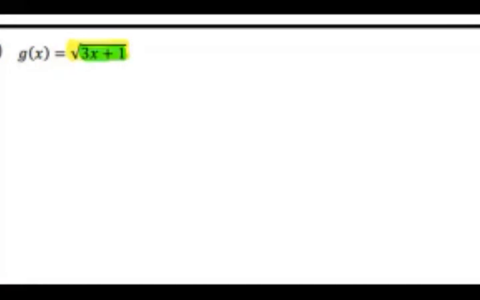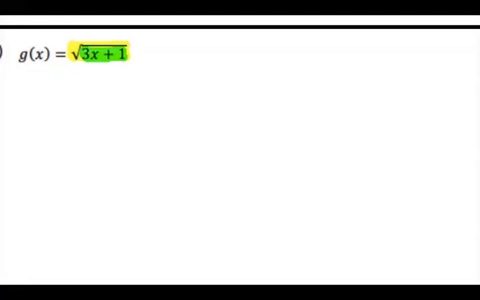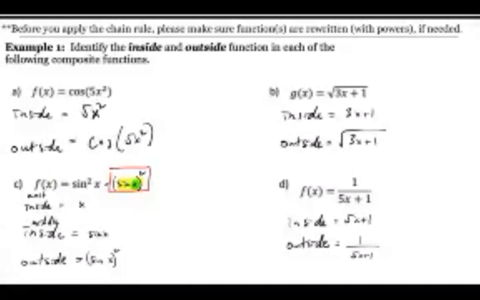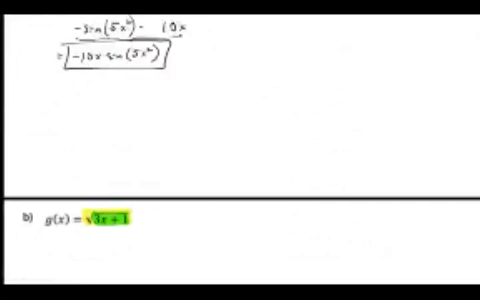I think it's written somewhere here. It's written right at the top of this page. I need powers. I don't want roots, right? Roots I don't like. Fractions I don't like. I want powers. Powers are what I need to find derivatives, okay? So the first thing we've got to do is rewrite this guy with powers.